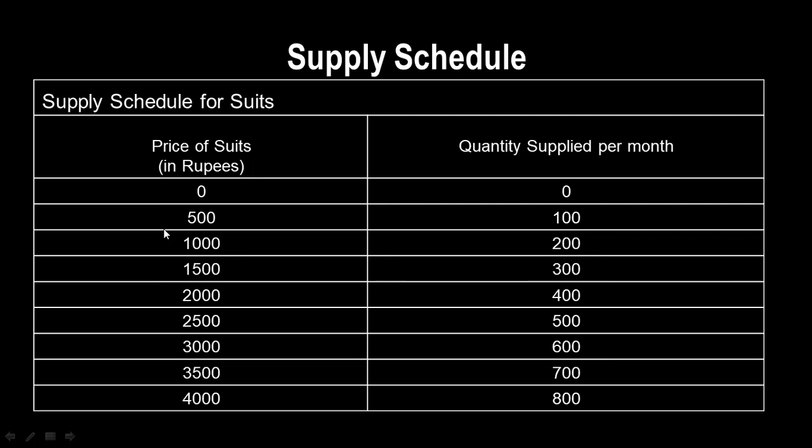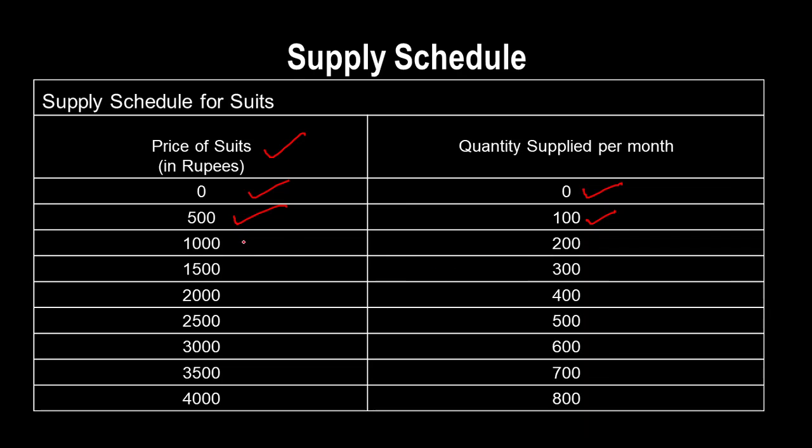Here you can see the supply schedule. It's very clear. In the first column you can see the price of suits in rupees, starting from 0 to 500 up to 4000, and here the quantity supplied per month by a particular seller. So when the price is 0, nobody would be selling any quantity, it will be 0. When the price is 500, quantity supplied will be 100.